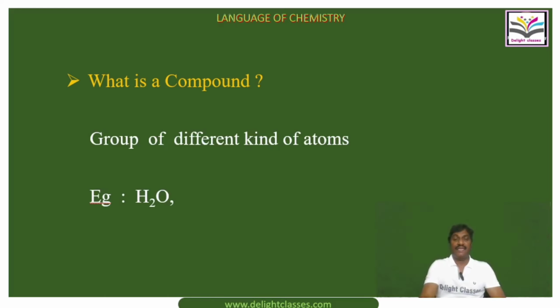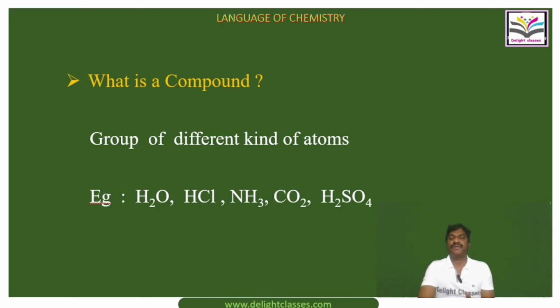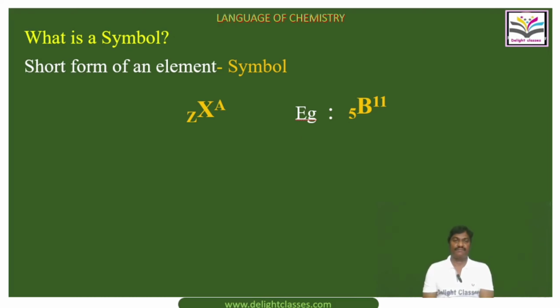Example, H2O: hydrogen is different from oxygen. Hydrogen differs from chlorine. Nitrogen differs from hydrogen. CO2, H2SO4. These are the examples for a compound.